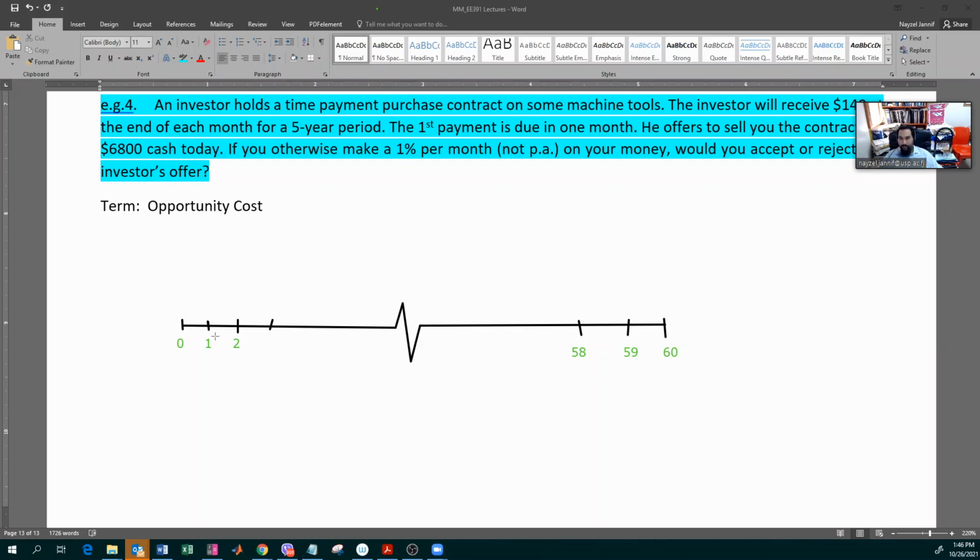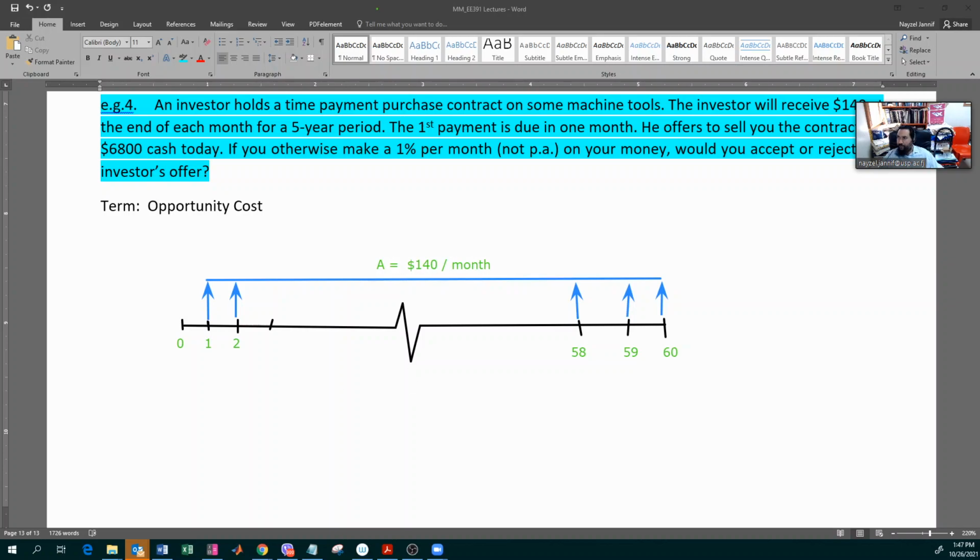And you will be receiving income. Remember, you will be receiving an income, an annuity of $140 per month.